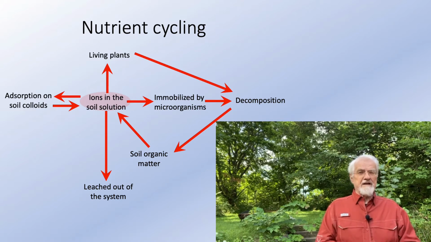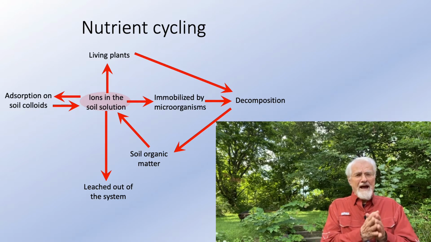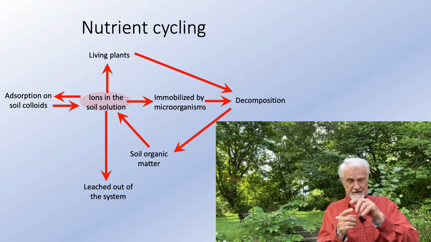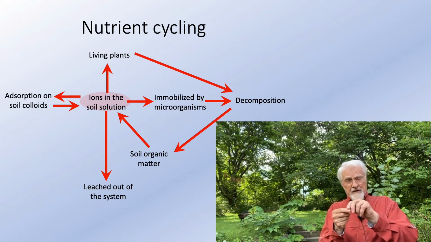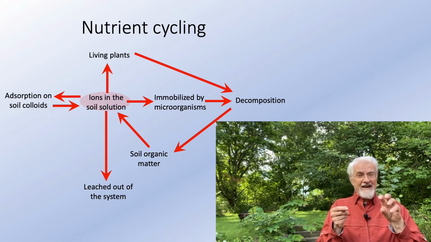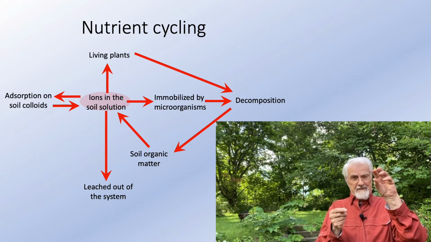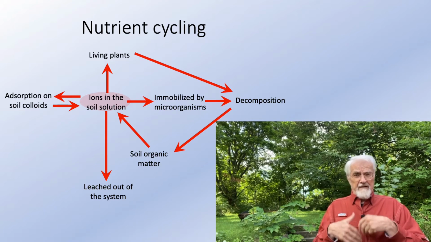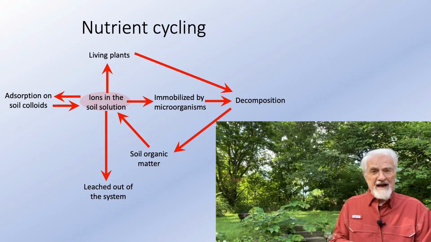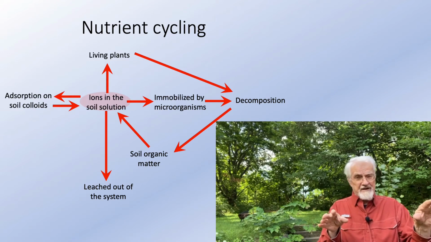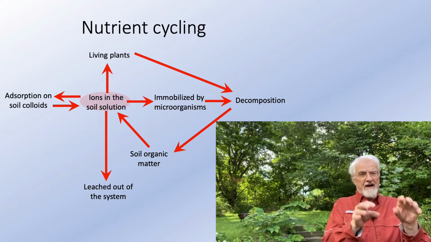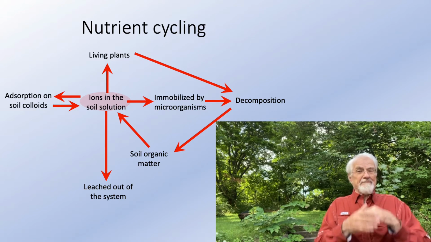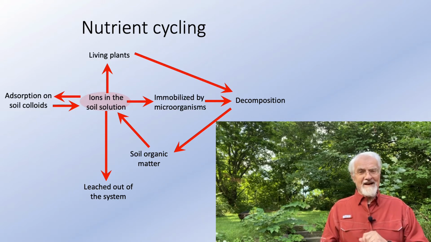So as you can see here, what happens is the ions actually get adsorbed on the surface of these colloidal particles, and they go back and forth between the ion pool, that is the pool that can be taken up by the plant, and the colloidal particles. So if you have a lot of colloidal particles, what that really means is that you have a lot of storage in the soil solution of whatever ions are adsorbed to the surface of those colloidal particles. And that becomes a little bit complicated, as we'll talk about right now.